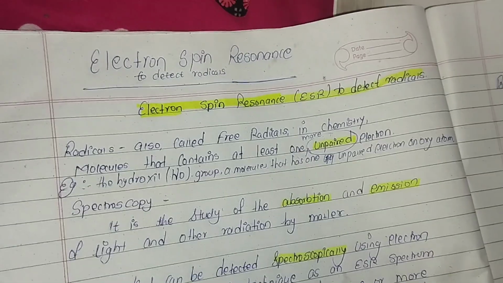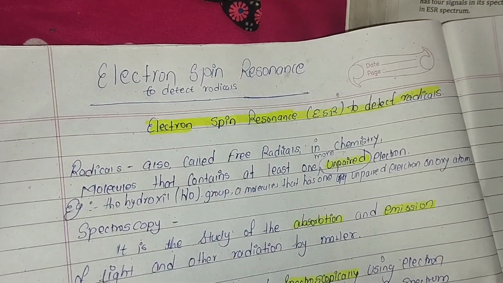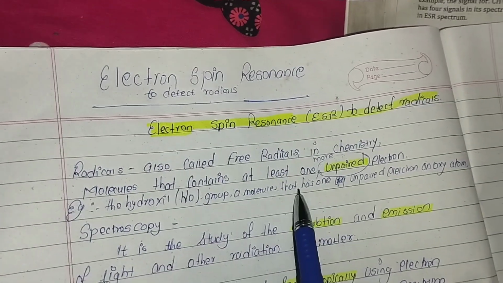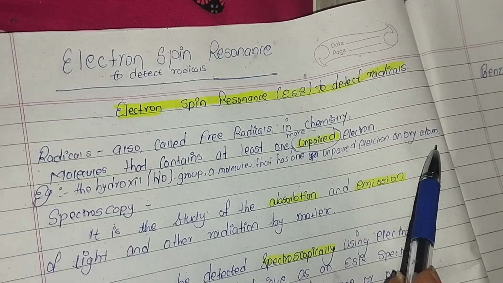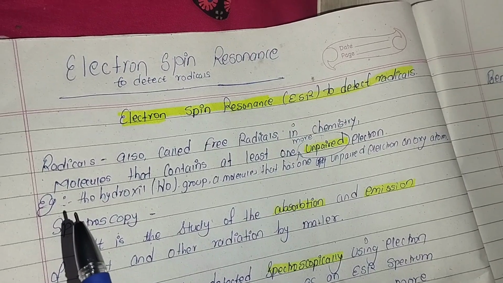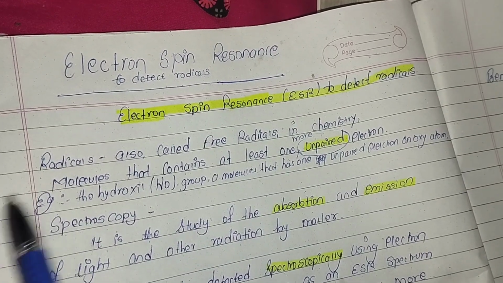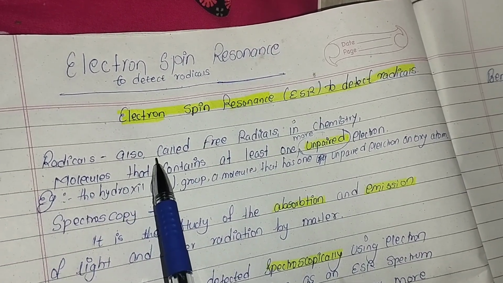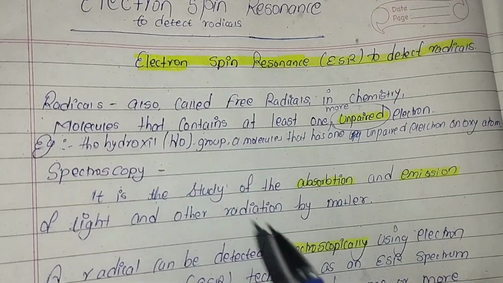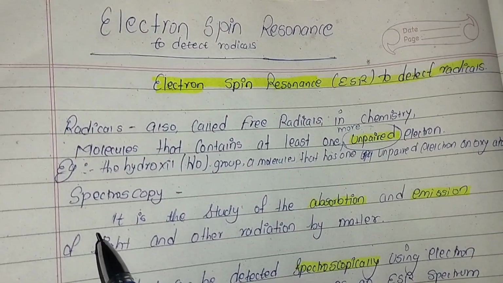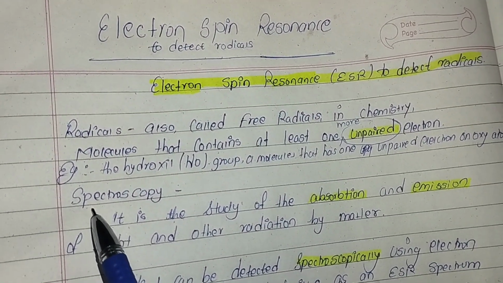An example is the hydroxyl (HO) group, a molecule that has one unpaired electron on the oxygen atom, so it is called a radical. They can also be ions or molecules, so don't get confused.